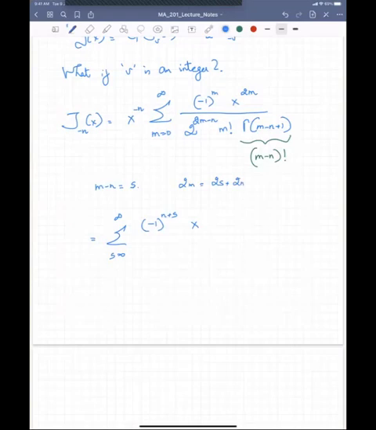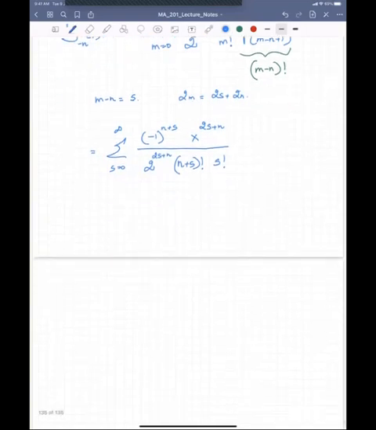So 2m minus n becomes 2s plus n. So 2s plus n divided by 2 to the, again, 2m minus n becomes 2s plus n. And m factorial would be just n plus s factorial. And gamma of m minus n plus 1, which is m minus n factorial, is just s factorial.